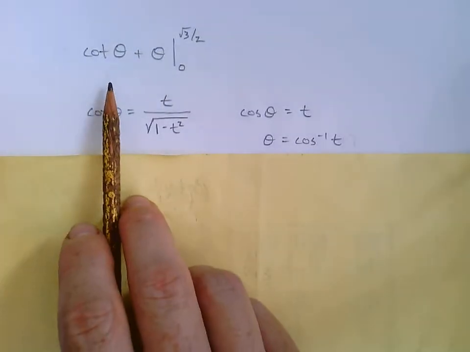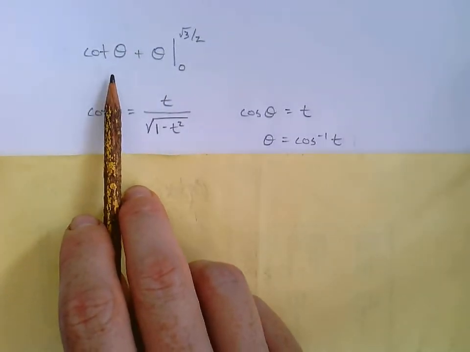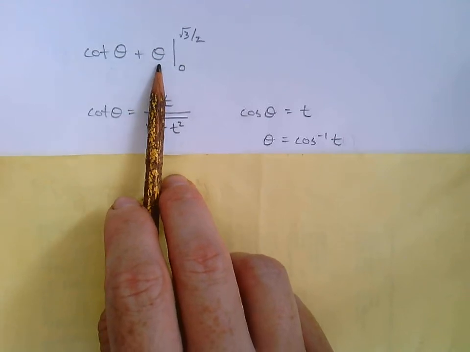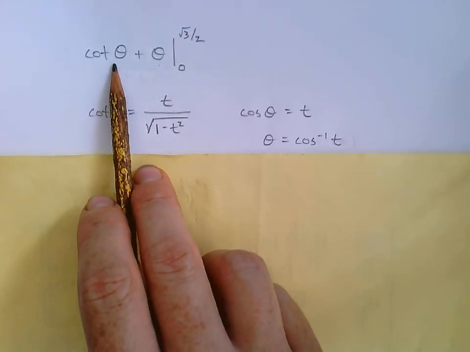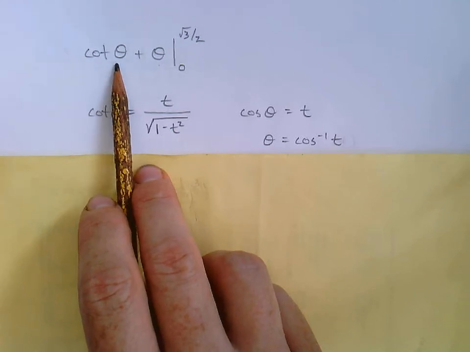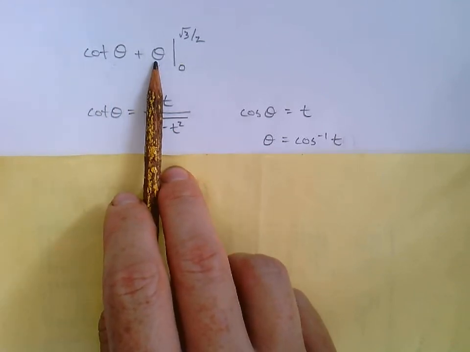No problem. Now it occurs to us, but this is simply a theta. How are we going to go back to the triangle and figure out theta? I mean, cotangent or sine or tangent or secant, I can do that, but just the angle?